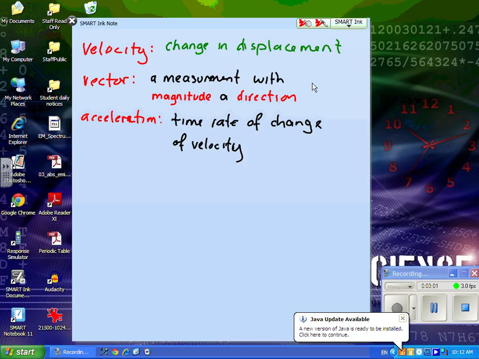The next one was electron. With a negative charge, and it defines an atom along with its element.